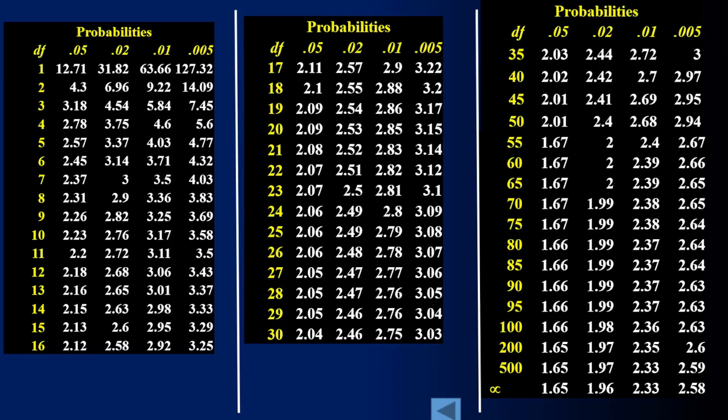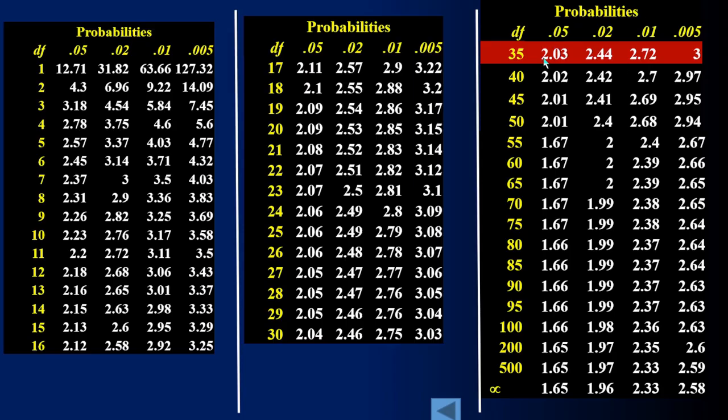In such case, we have to see the nearest value of df, that is nearest to our calculated value. Our calculated df is 37 and nearest is 35. So, we have to see in the line of 35, under 0.05, 0.05 is the probability level, under 0.05 and under 0.01.